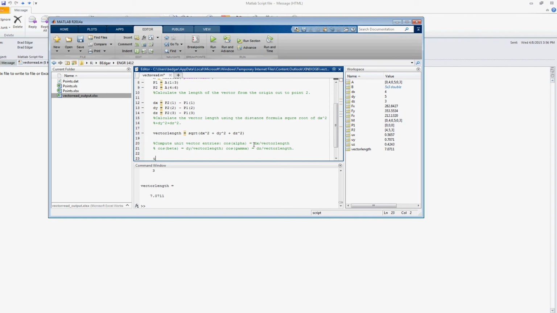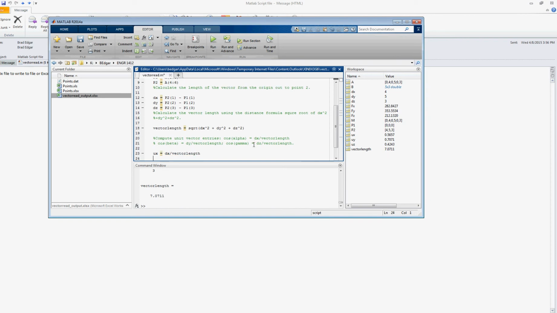I'm going to call this ux, the entry in the unit vector for the x direction. That's simply going to be dx divided by the vector length. And the y entry in the unit vector I'm going to call uy. And that will simply be dy divided by the vector length.